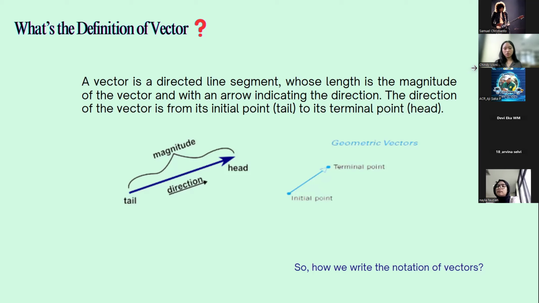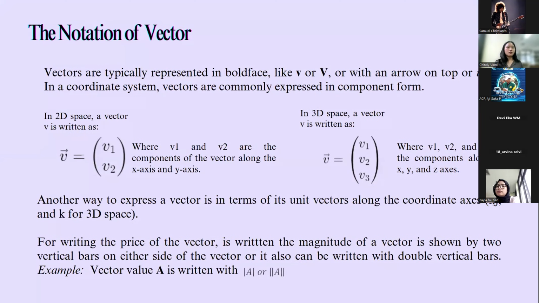So how do we write the notation of vector? Vectors are typically represented in boldface, like lowercase or uppercase letters, or with an arrow on top, or in italics. In a coordinate system, vectors are commonly expressed in component form.